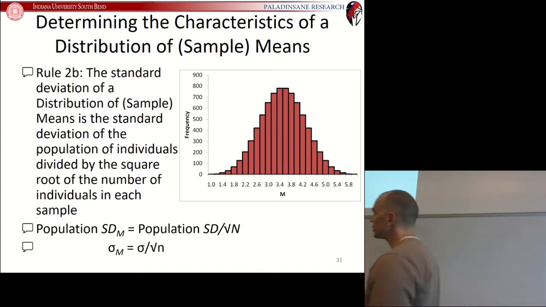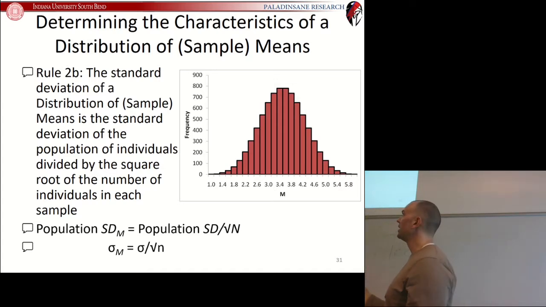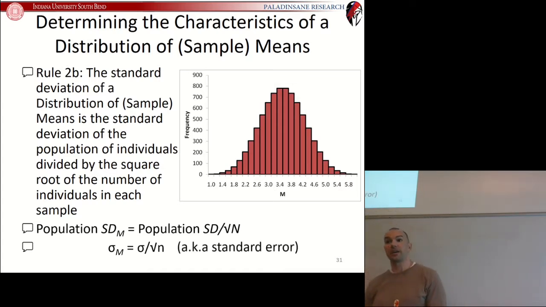But this term here is so important and so widely used and so fundamental to everything that's going forward that it's actually given its own name, and it's known as the standard error. So this is another foreshadowing clue in terms of how important it is to remember to calculate the standard deviation for your distribution of sample means.